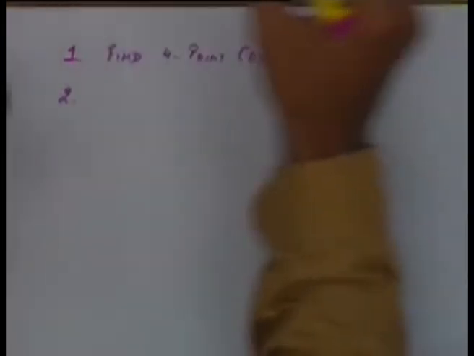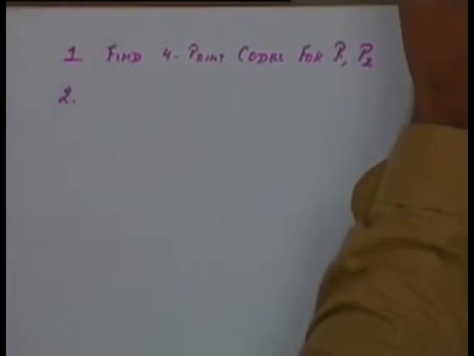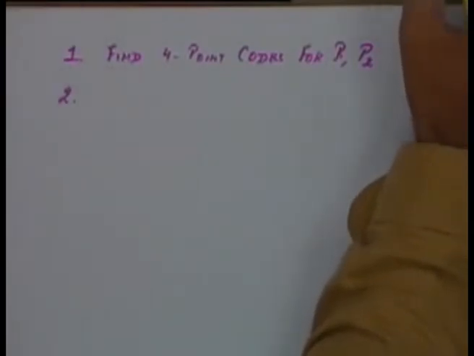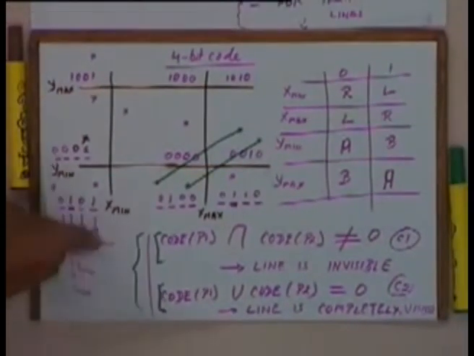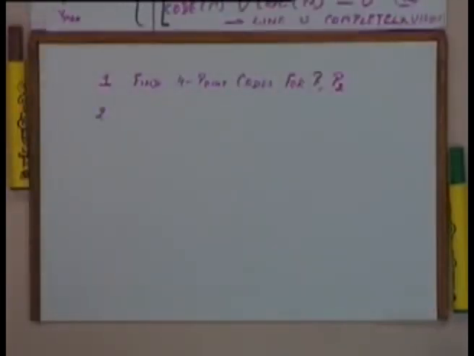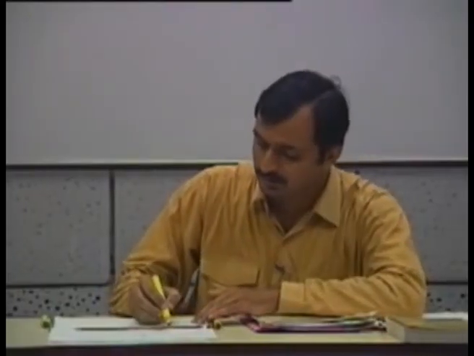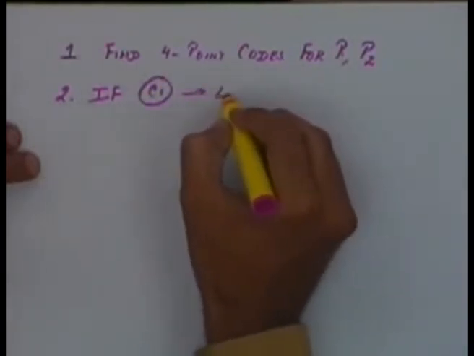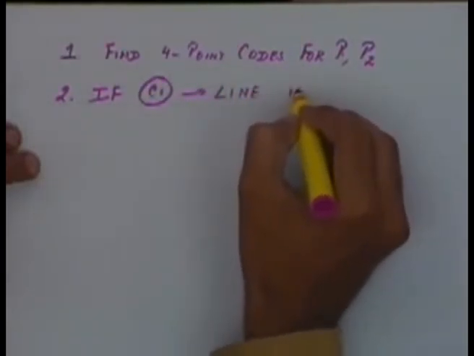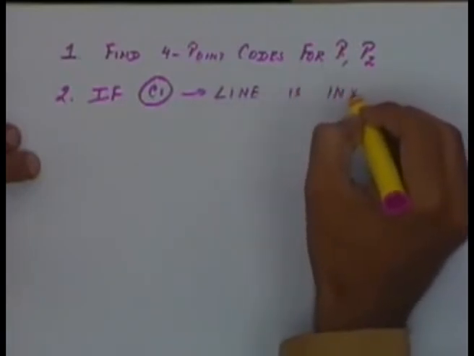Then we will check for these conditions. Let us say condition 1 and condition 2. Okay, we will check for these conditions, condition 1 and condition 2. Okay, so I will just write, if condition 1 is satisfied, then line is invisible, neglect it.